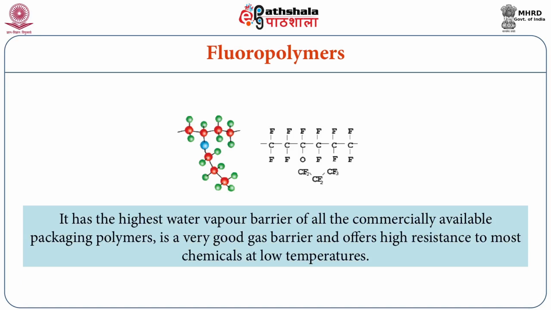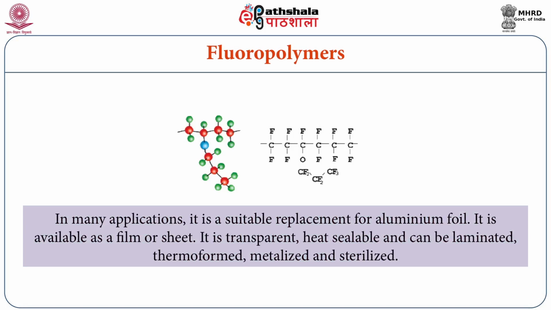It has the highest water vapor barrier of all the commercially available packaging polymers and is a very good gas barrier and offers high resistance to most chemicals at low temperatures. In many applications, it is a suitable replacement for aluminum foil.